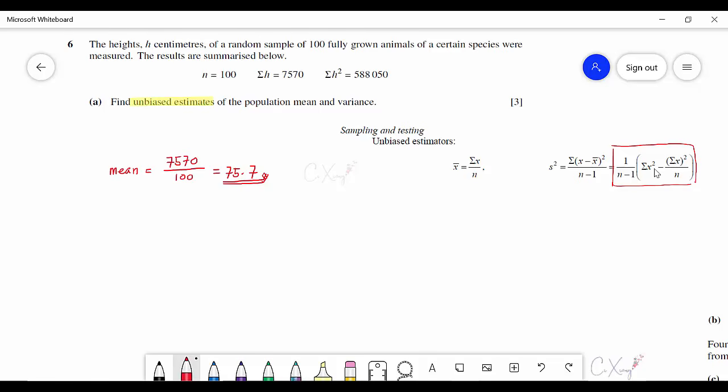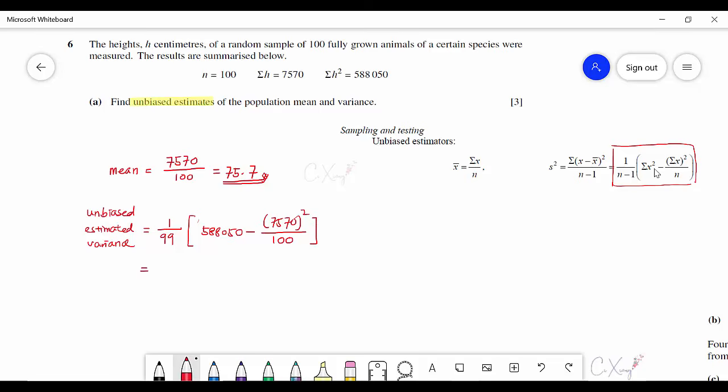So the unbiased estimated variance will be equal to 1 over n minus 1, which is 99, times the summation of h square, 588050, minus 7570 square divided by 100.